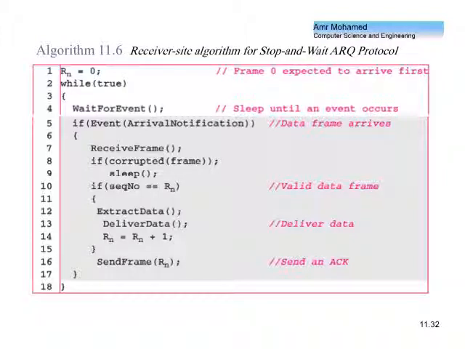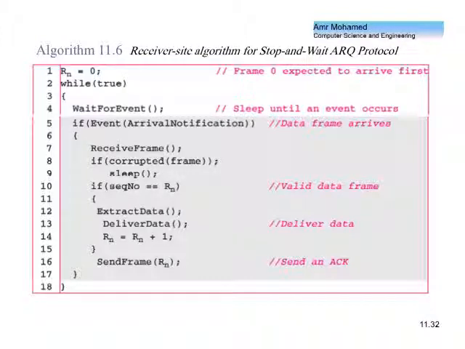Okay. So again, the acknowledgement always sends a clear message: I have received this frame correctly. Send me the next one. This is what this sequence number means.